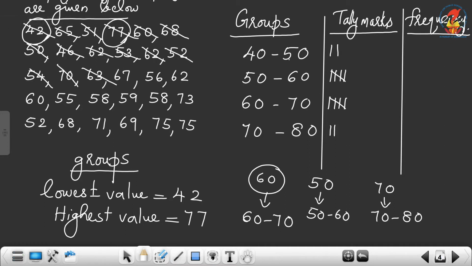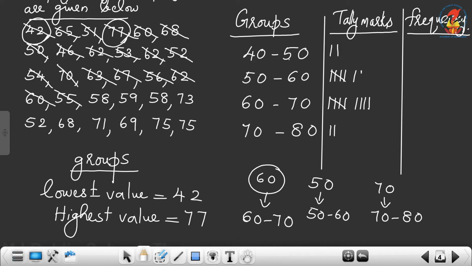Then 63, 67, 56, 62, 60. 60 belongs to the group 60 to 70.